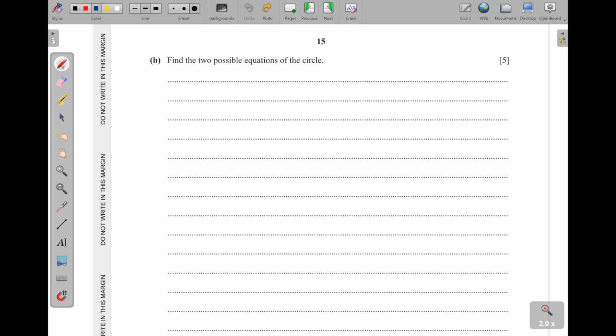So let me write this one here. Since the center, let's say (a, b), lies on the line y = x/2 - 4, its coordinates must satisfy the equation of the line.